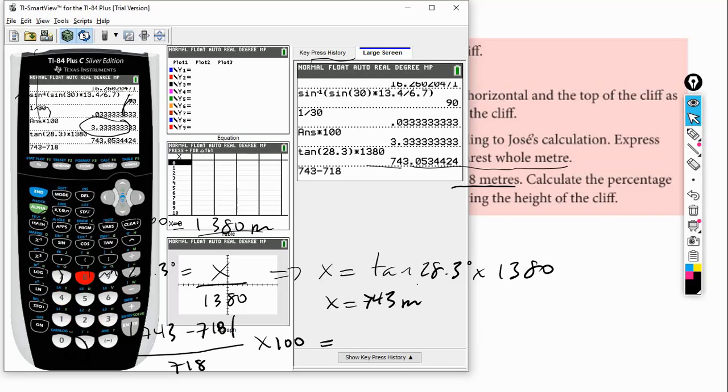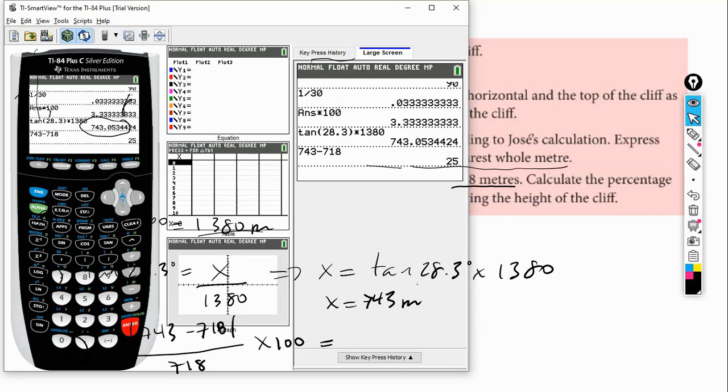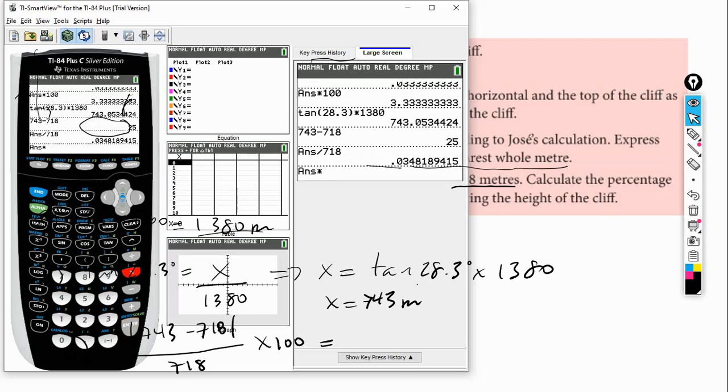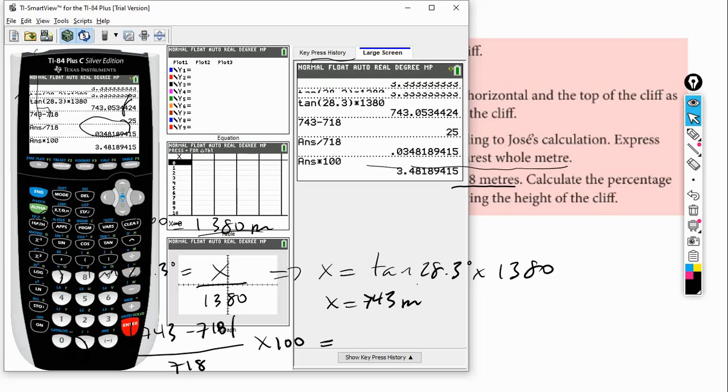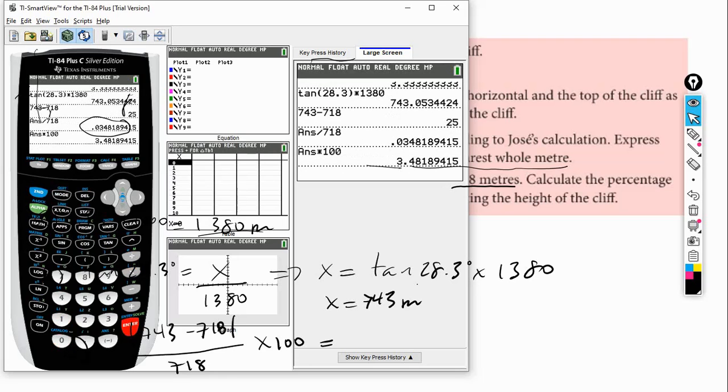And that equals 25. So 25 divided by 718, which is the actual value. And that times 100 gives us a percentage error of 3.48%.